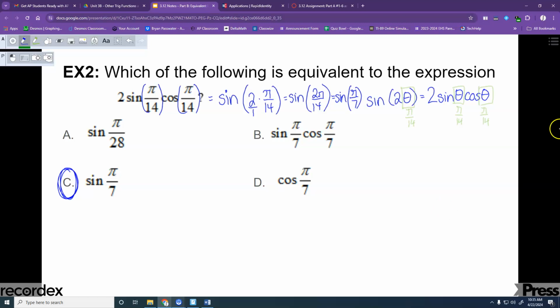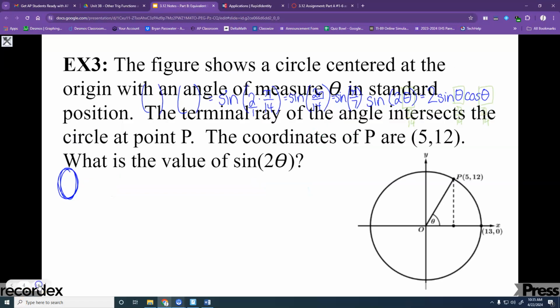So that one, you're kind of taking your formula here and working backwards to get that double angle for that. Any questions on that part? All right, moving on.